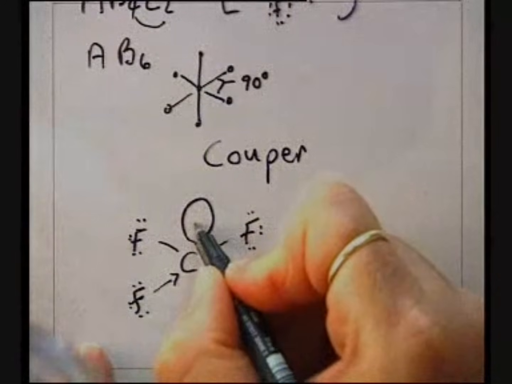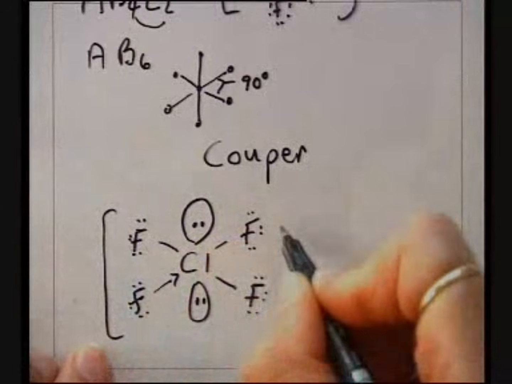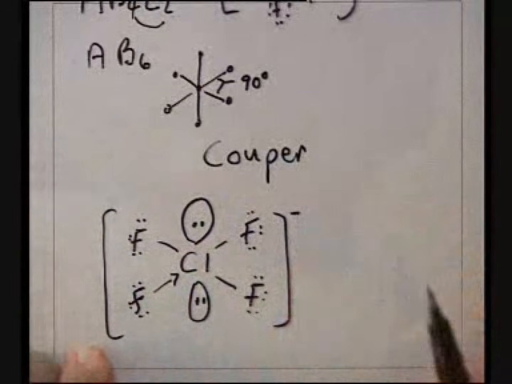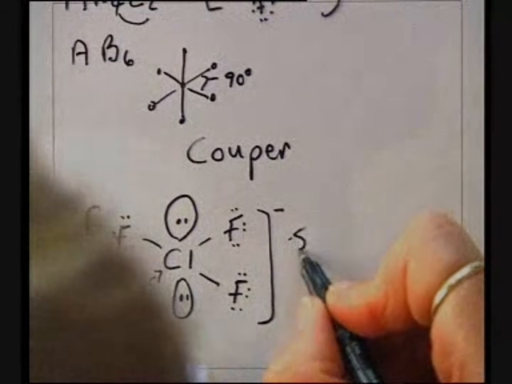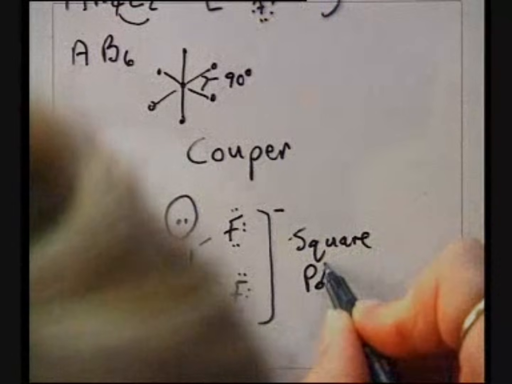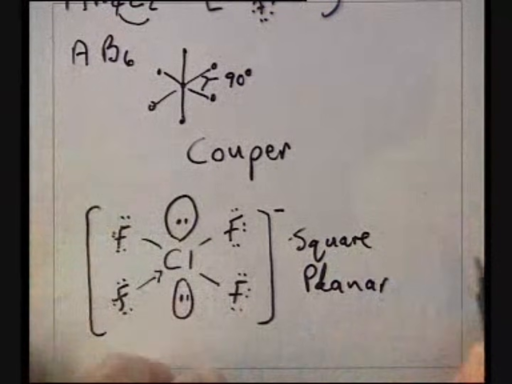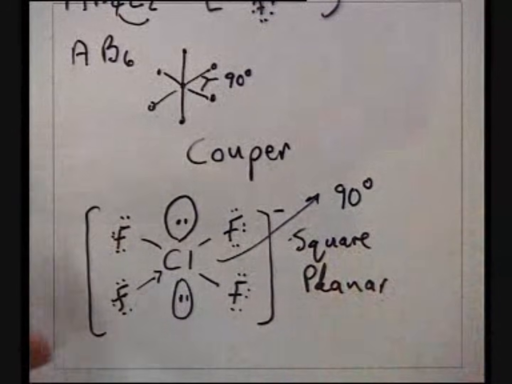Two lone pairs on the central atom. Molecular geometry, square planar, bond angles the perfect 90 degrees.